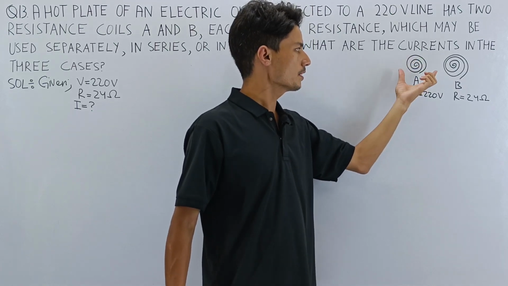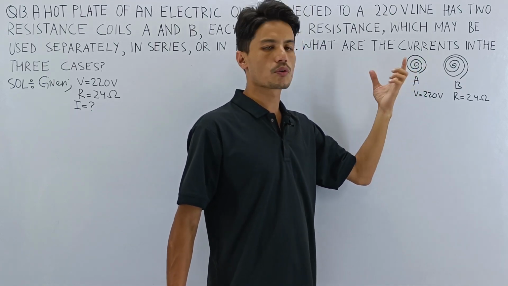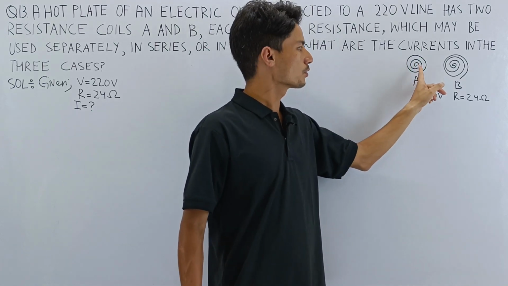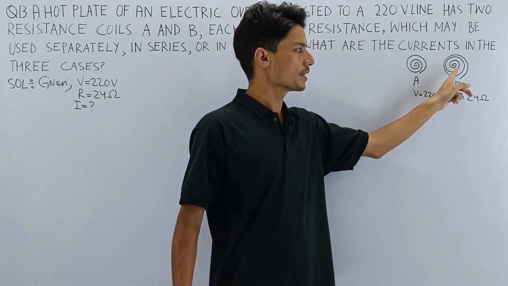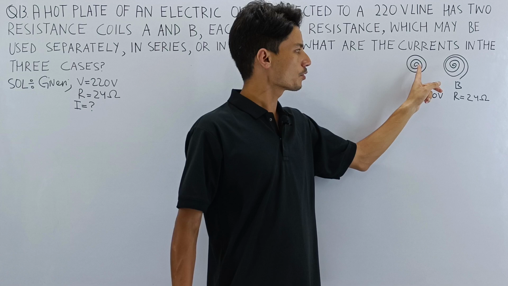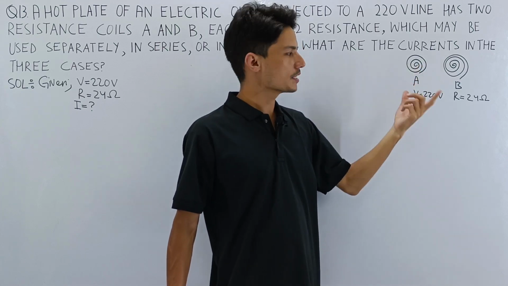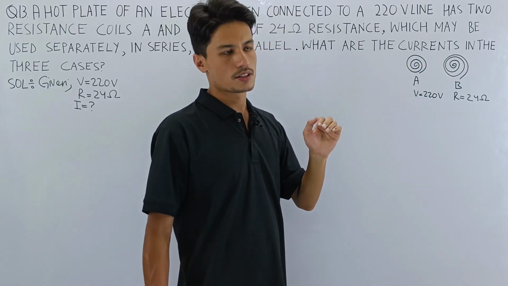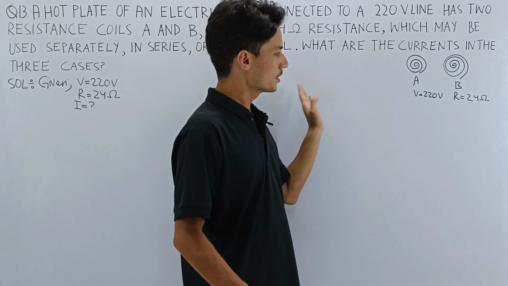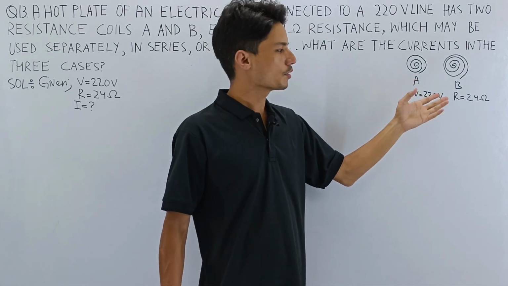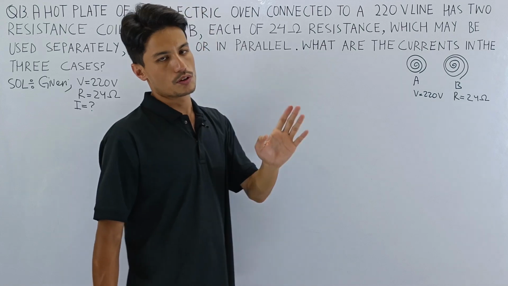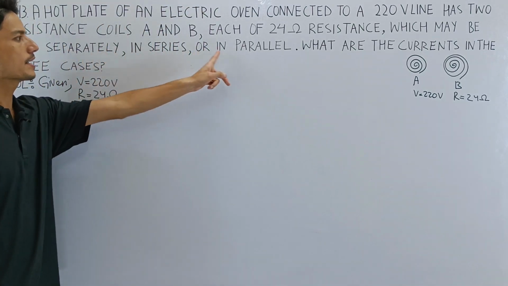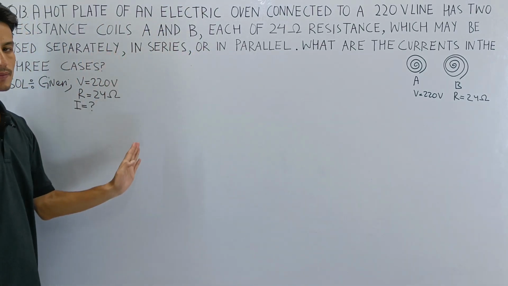So when used separately, we will consider one plate only, and whatever answer you get will also work for B. When used in series, you know how series works, so the combination should be in series, and when used in parallel, the plates should be arranged in parallel. For these 3 cases, we'll solve them separately.